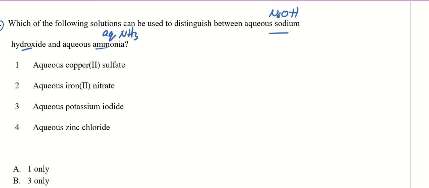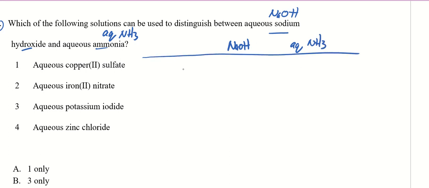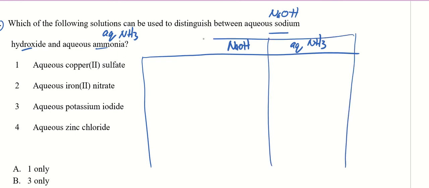So the simplest way to look at this problem is to draw a table. If we have aqueous sodium hydroxide and we have aqueous ammonia here. Okay, so now let us draw a table and see what are the different things that we can observe if we added all the different materials.